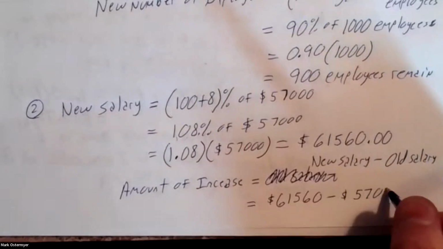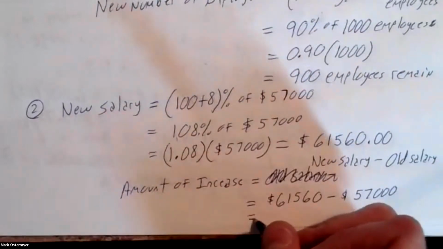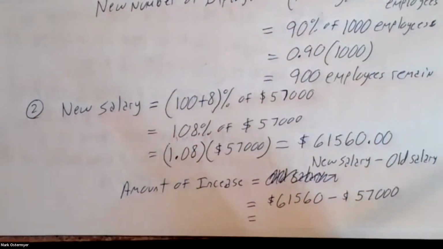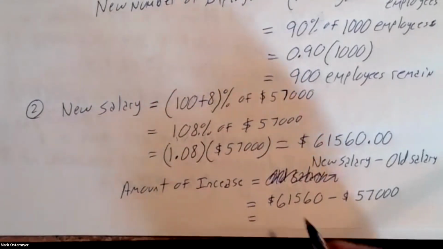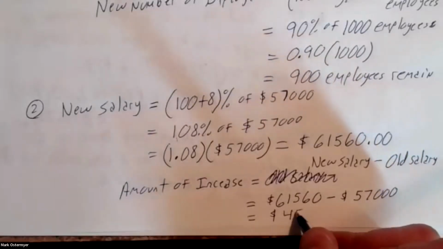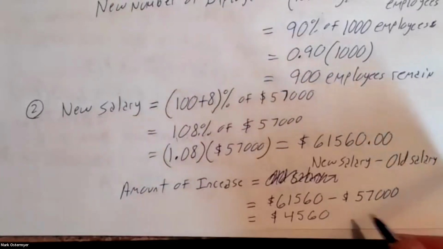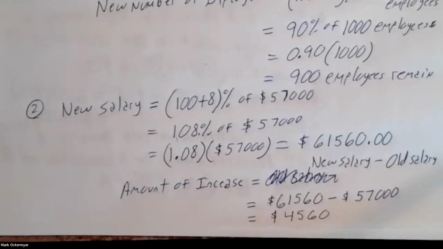And what does that give you for the amount of increase? Is that 4,560? Yes, it's 4,560, correct. That is the amount of increase that has occurred in that salary.